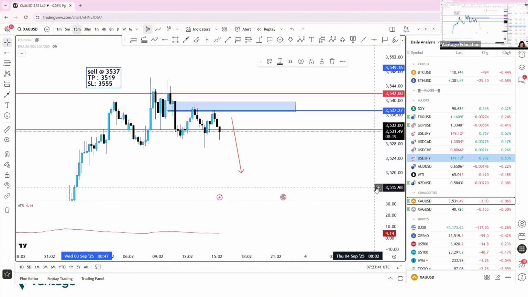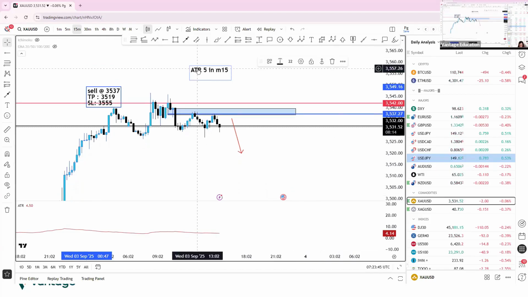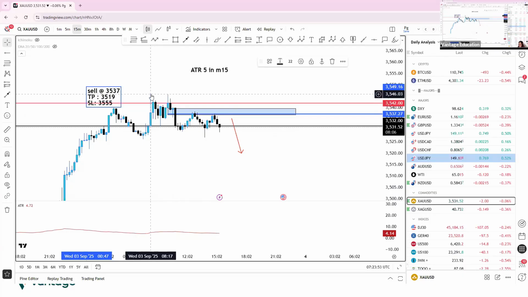If you want to get two ATR, what you need to do is take the 5 ATR here and multiply by 2, that's going to be 10. Meaning you think, oh, my stop loss is too narrow, I just want to put it above the swing high. You just take 3537 plus 10 equal to 3547 for stop loss.